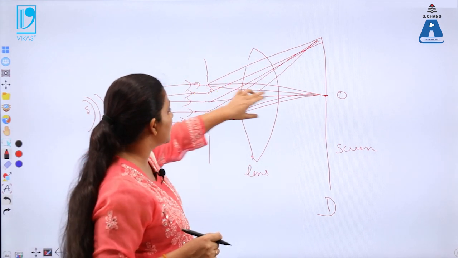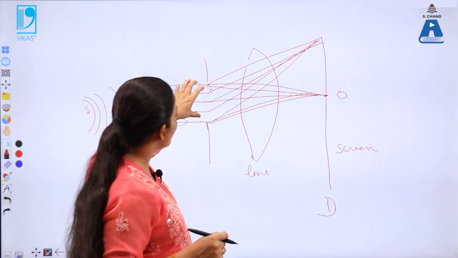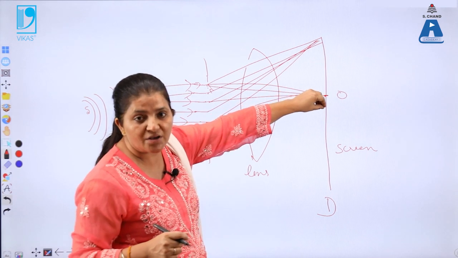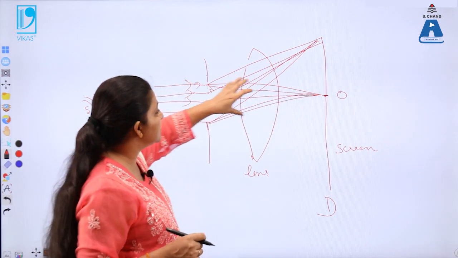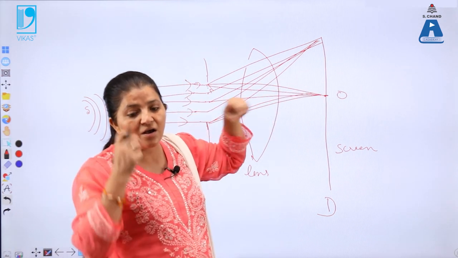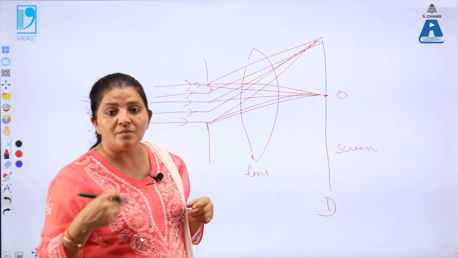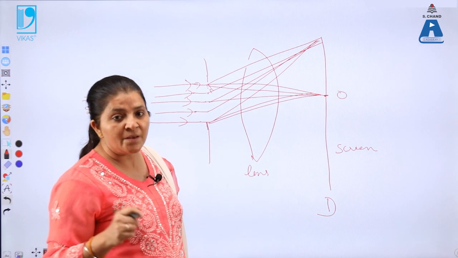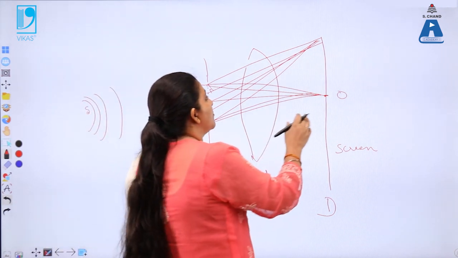At the central point, the whole of the light is connected at a single point, and that is the condition for maxima. So this is the condition for central maxima, and central maxima will be formed here.